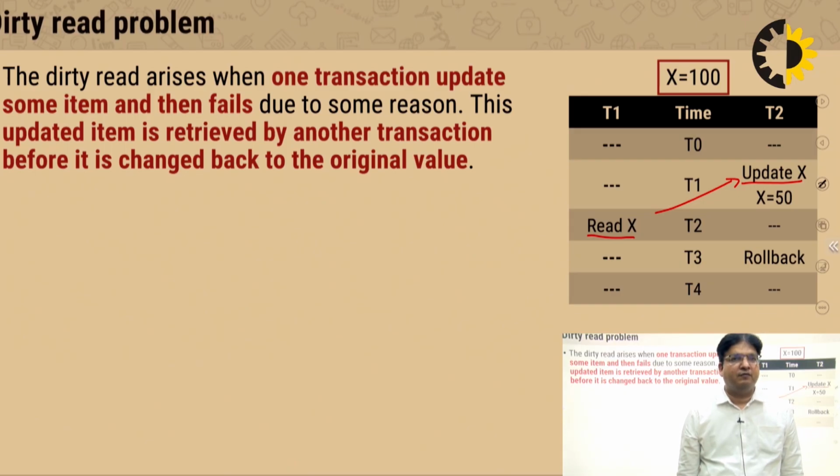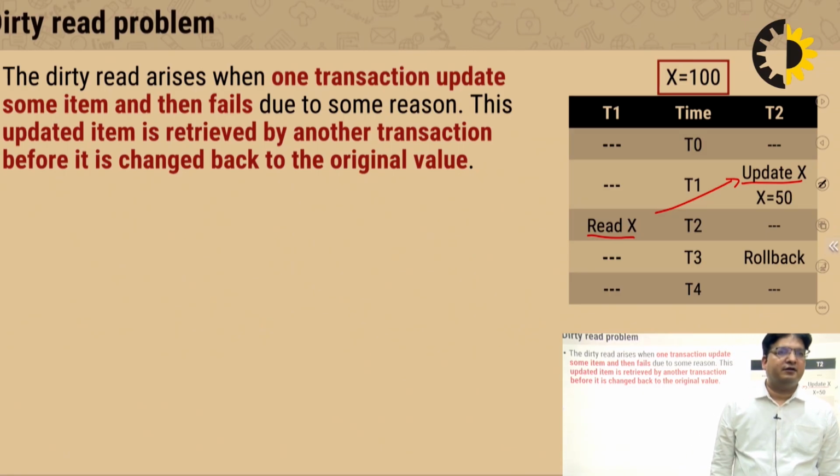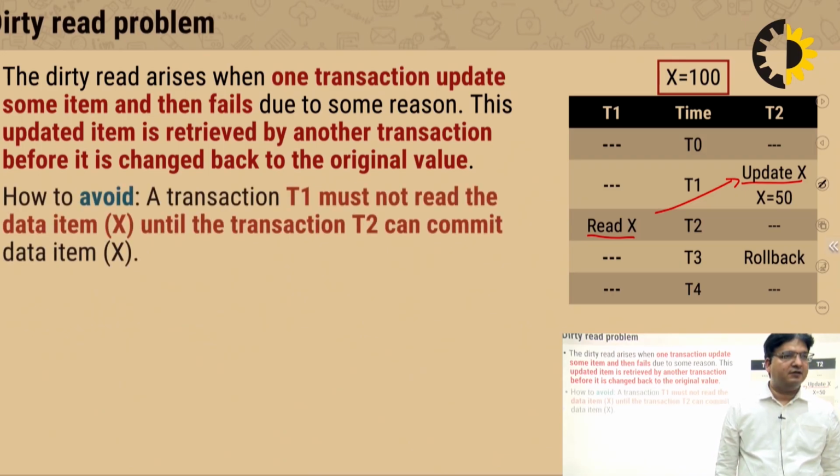What should have been done is that T2 should have first committed its value, and only then T1 should have read it. Then this problem would have been resolved. So T1 must not read a particular data item unless T2 commits that particular value of data item X.